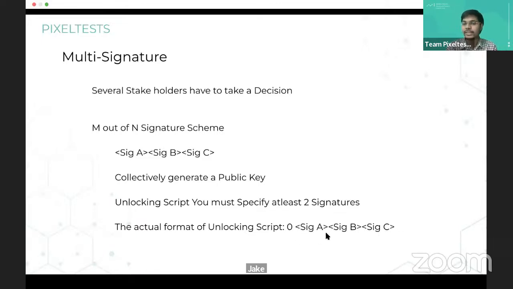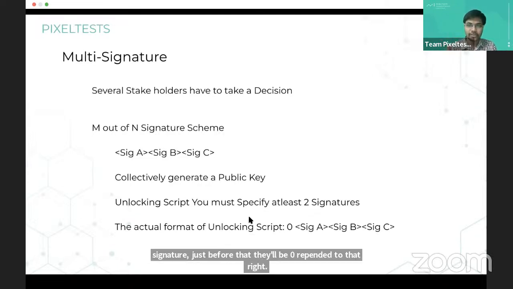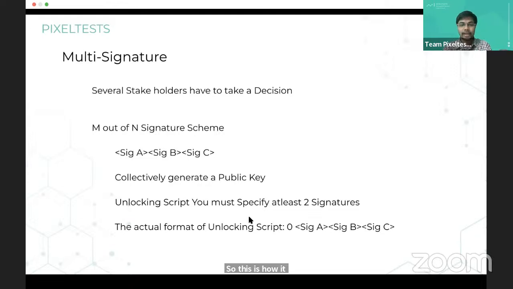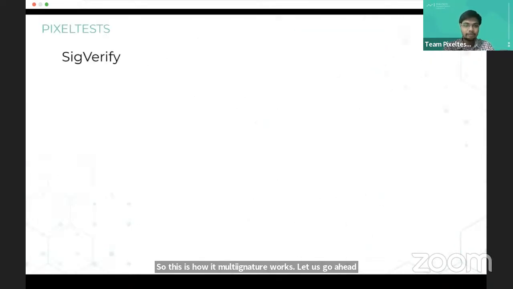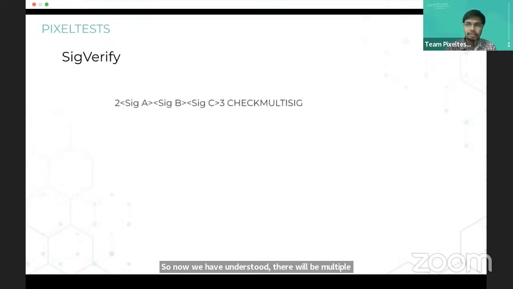So you'll have all of these, and before that there'll be a 0. So it's like a numerical representation. So this is how multi-signature works. Let us go ahead and see how the professor has explained this here, right? So now we've understood there will be multiple signatures when you're trying to verify. Let's try to understand signature verification here.